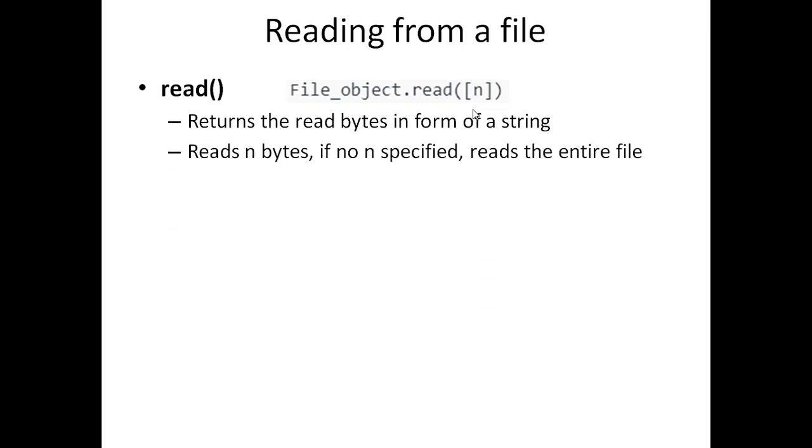N is the number of bytes, so it reads n bytes. If no n is specified, it reads the entire file. So n is actually optional. We can simply mention read, and then the whole file will be read. If you mention n, then only those n bytes will be read.